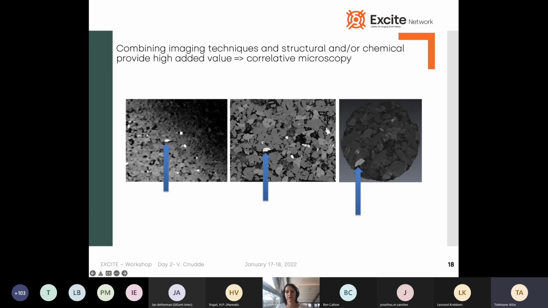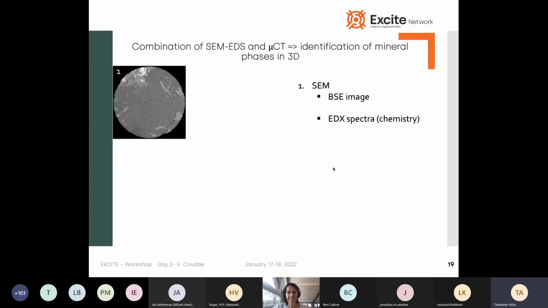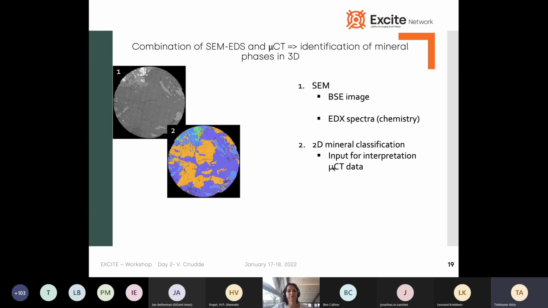And then we are opening an entire research domain related to correlative microscopy. This is the way people are working. Another example here is that, for instance, if you combine the power of what was taught yesterday of the electron microscopy, you are able to get all the information.